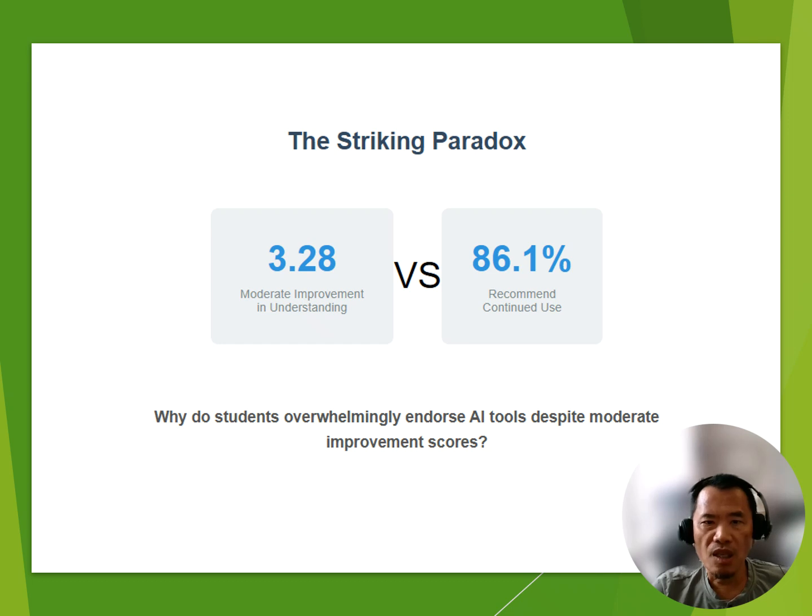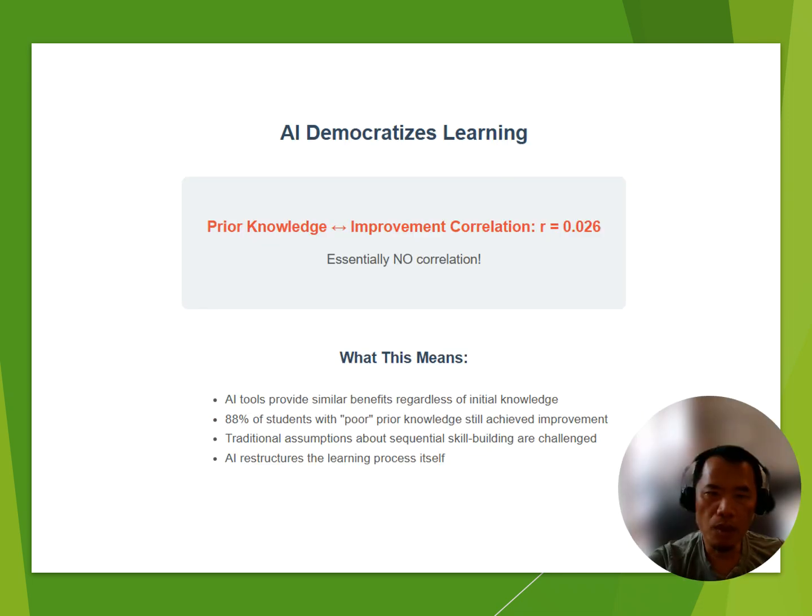This suggests that traditional learning methods might be inadequate for assessing AI-integrated educational experiences. The most significant finding: the relationship between prior knowledge and improvements with AI assistance was essentially zero. This challenges fundamental educational assumptions about prerequisite structures and sequential curricula.